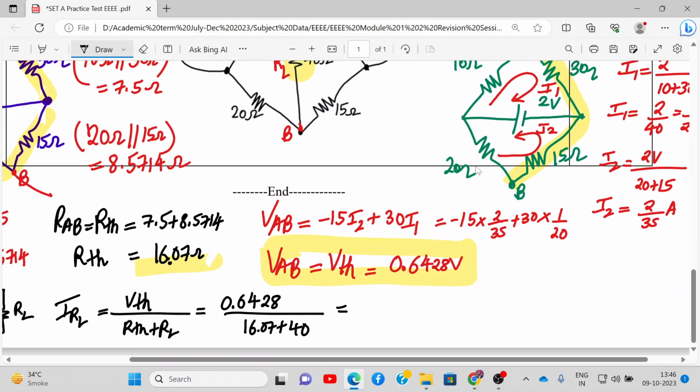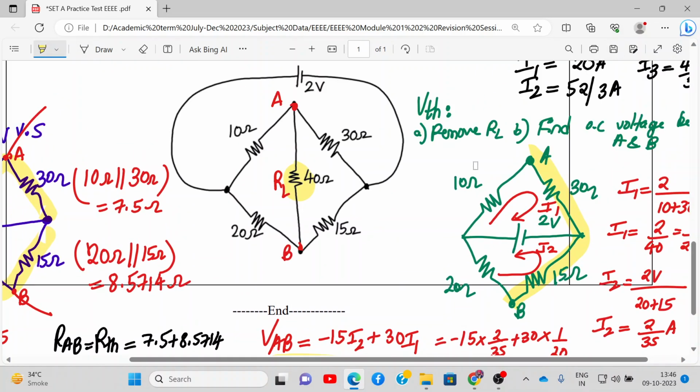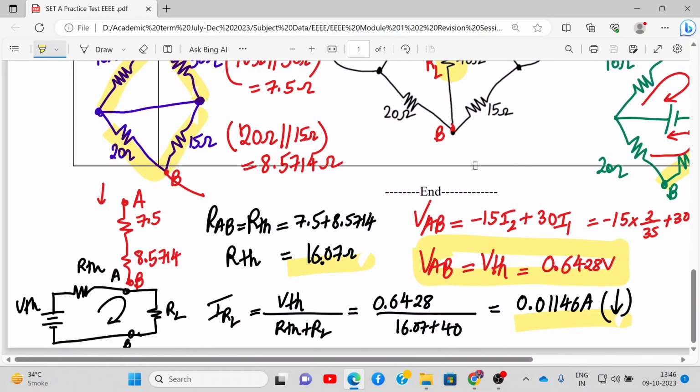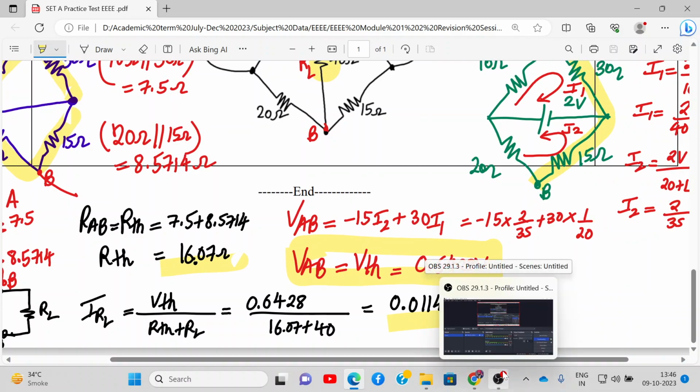So this will be around 0.01146 amperes, direction down. So this is the current which is flowing through the 40 ohm resistance, which we have found out using Thevenin's theorem. So you can check it out. This is the current flowing through the 40 ohm resistance. All right. So yeah, this is the answer, and that's all for the lecture.